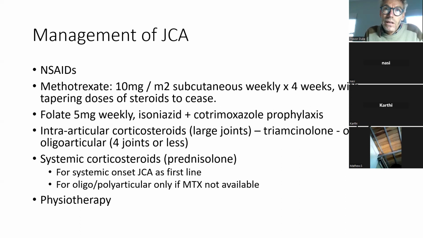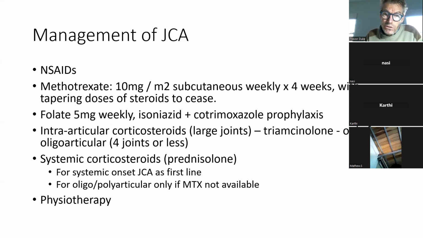And for most forms of JCA, you're better off not using high-dose steroids for all the reasons I mentioned. This child had been on steroids for about 12 months. It was quite Cushingoid. That leads to osteopenia. That leads to other adverse effects. And so you're better off, if you can, to use methotrexate.